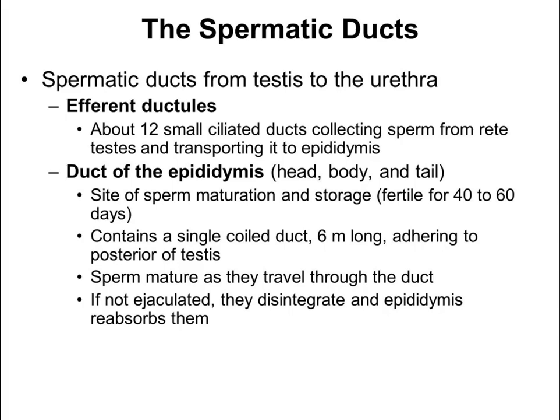Then you have the duct of the epididymis, which includes a head, body, and tail. And this is where the sperm matures and is stored. And sperm is fertile for about 40 to 60 days. It contains a single coiled duct that is about 6 meters long, adhering to the posterior of the testis.